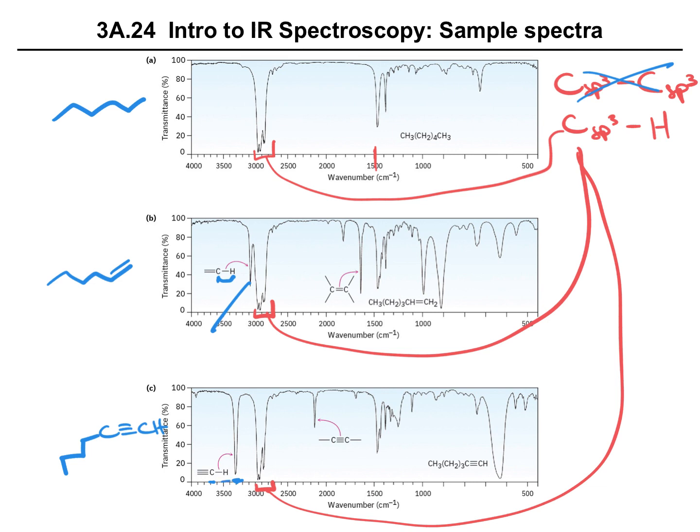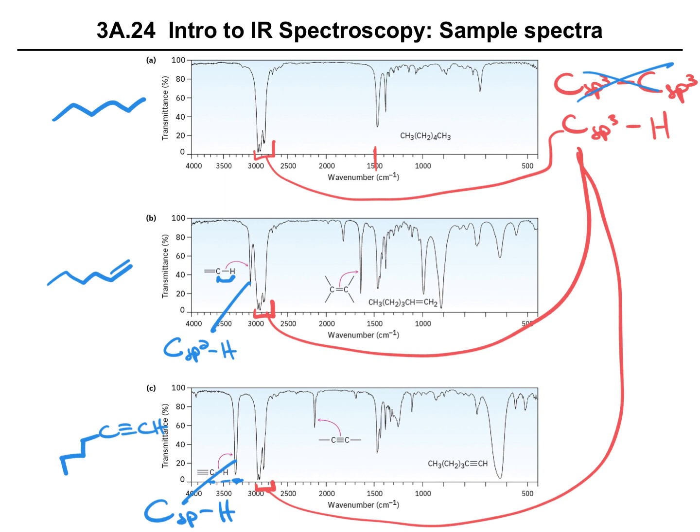So this one was a Csp2-H, and this one is a Csp-H. So we can think of this as an alkene hydrogen and this as an alkyne hydrogen, but I prefer to think of it as sp3 hybridized CH, sp2 CH, or sp CH.